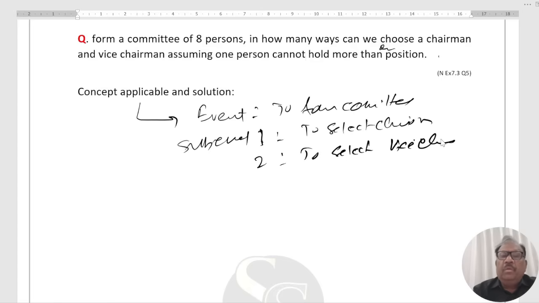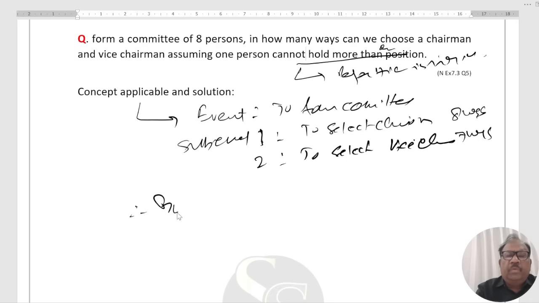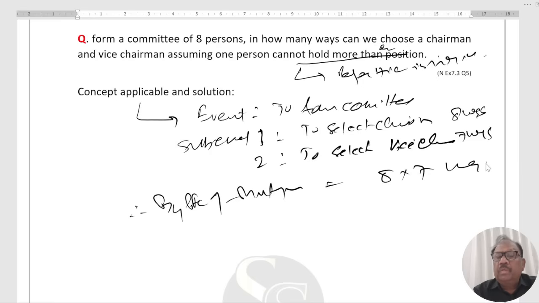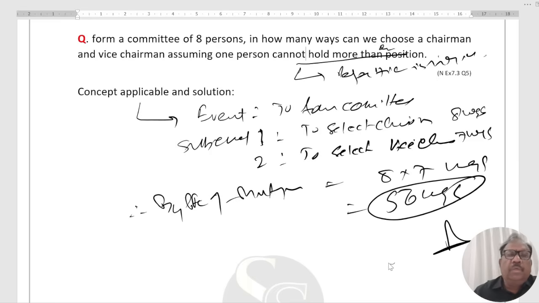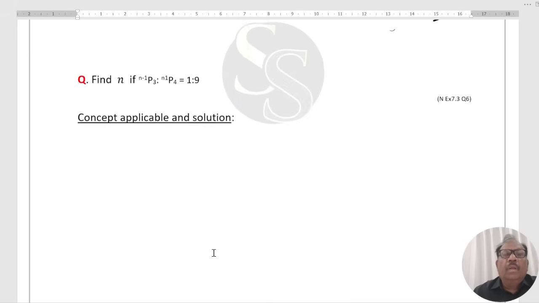Event will be completed when both are completed, then by FPC multiplication, this into this will be the event completed. This can be done in 8 ways, this can be done in 7 ways. And here repetition is not allowed. Therefore, by FPC of multiplication, 8 into 7 ways, that is 56 ways. Answer. Right? Next question.